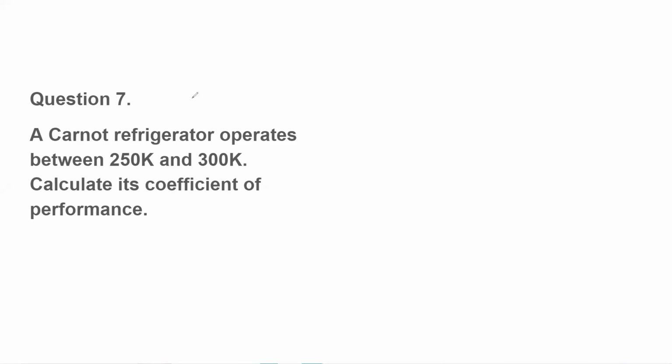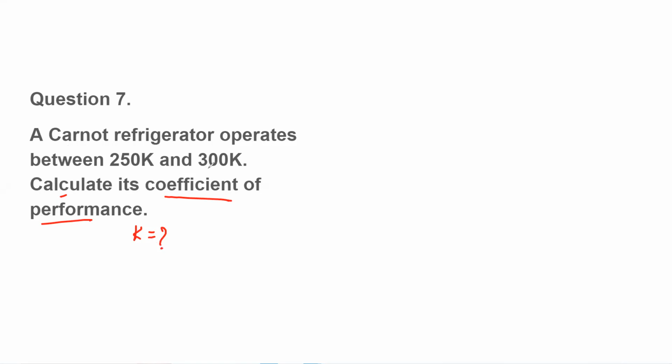Now, let's discuss what is given here. It means two different temperatures are given, and here we need to find out coefficient of performance. For coefficient of performance, we indicate with symbol K. So K is equal to question mark.